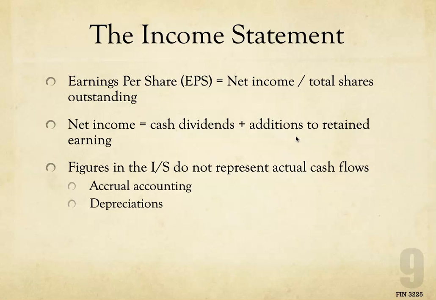And that is the one item we see in the equity on the balance sheet. So they keep the money in the company, it goes to the equity on the balance sheet. But that's after they pay the dividends. So the additions to retained earnings can be computed as the net income minus the dividends.